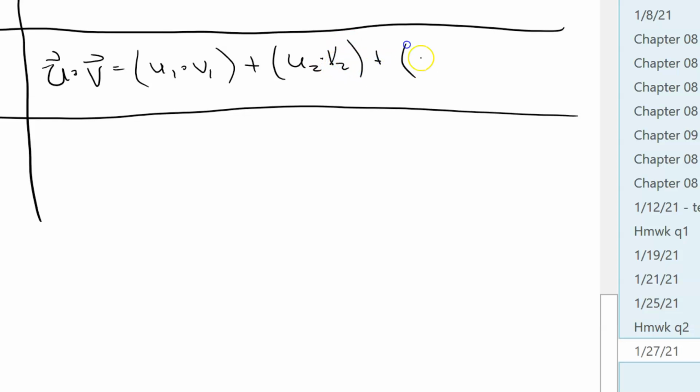So again, with the third dimension, there's just a third product that you make by multiplying the z components together and then adding them.